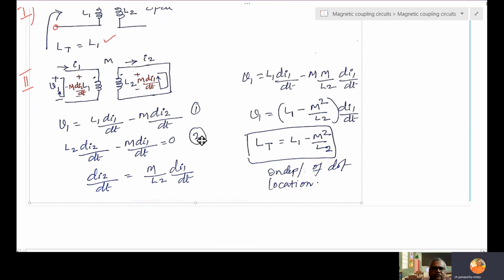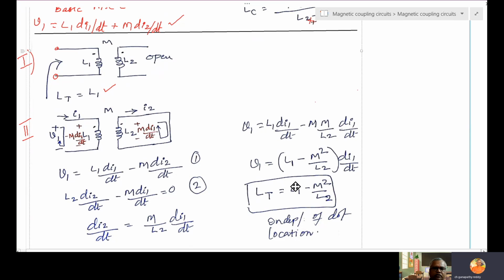Simplify these two equations and express in the form V1 equals something into di1 by dt. That something is L1 minus M square by L2. Surprisingly, this answer is independent of dot location.